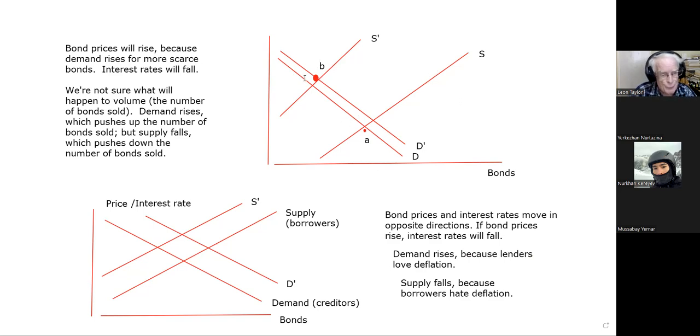So in this case, there is a large reduction in the number of bonds sold, from D1 to D2. And the price rises.